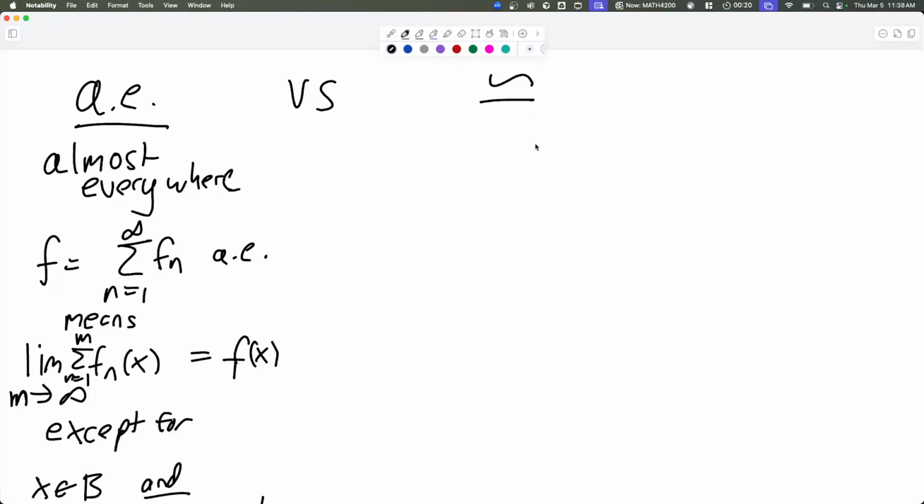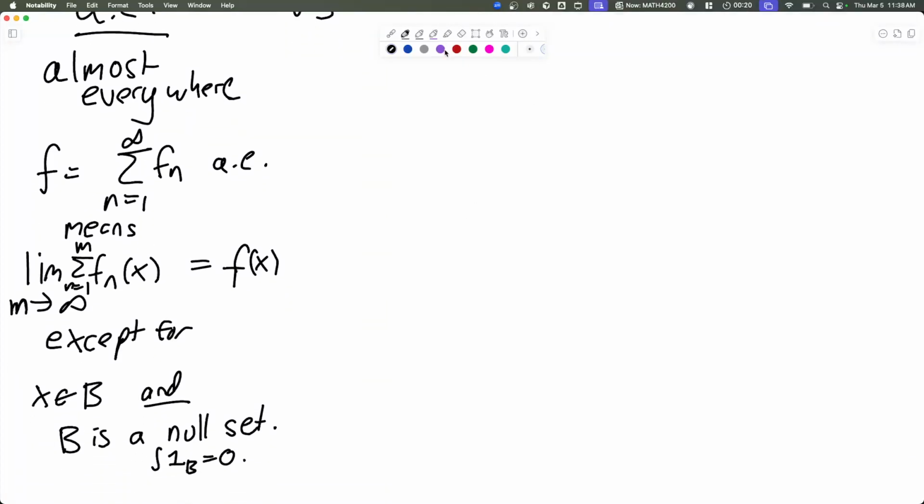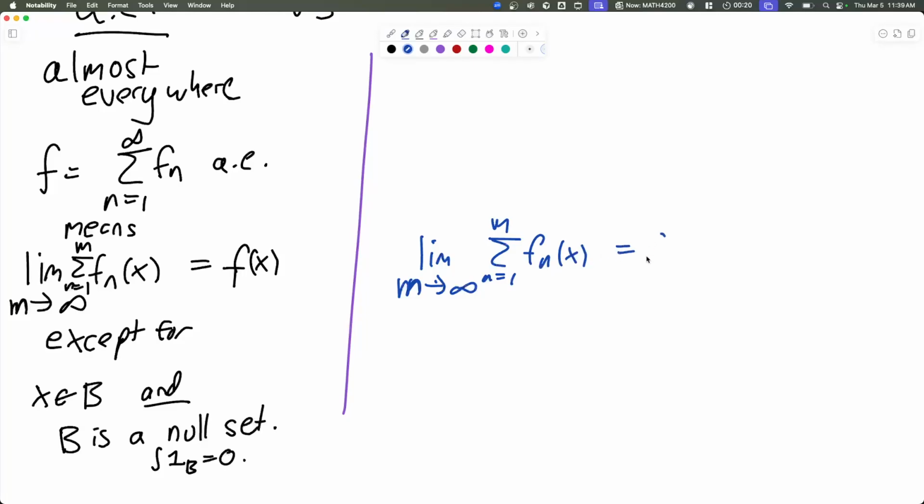Yes, very good. Okay, so on the other side of the wall over here, we have the limit as m goes to infinity of the sum from n equals 1 to m of fn of x equals f of x, except for x in B, and this time B is not just any null set.